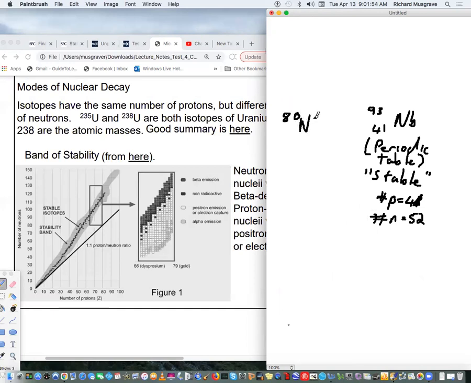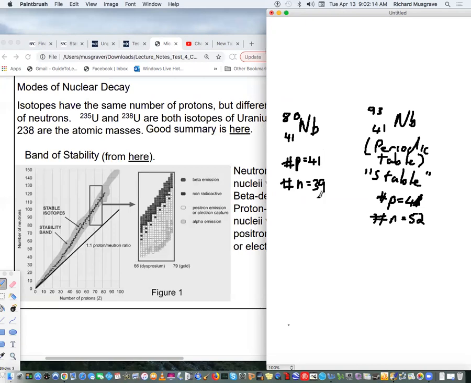Let's say our element is Nb-80. It's still got 41 protons, right? So the number of protons is 41. The number of neutrons, well, I've just made this up by the way, folks. It's not coming from anywhere specific. Number of neutrons is 39.